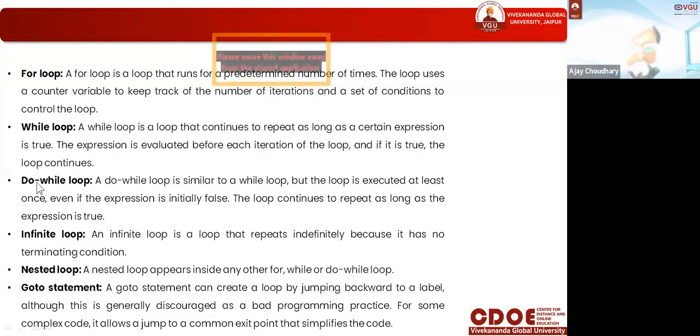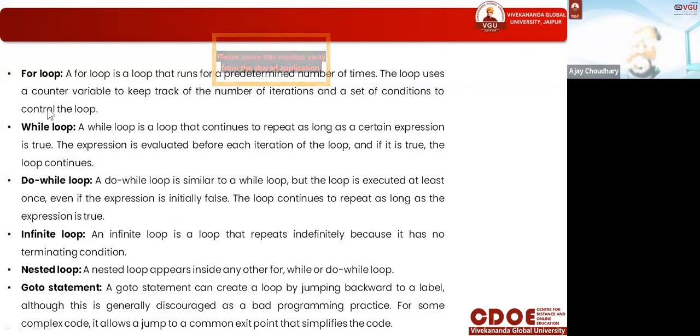So we also use some kind of control statement with the while loop. A do while loop is similar to a while loop, but the loop is executed at least once. There will be a minimum of one execution, even if the expression is initially false.